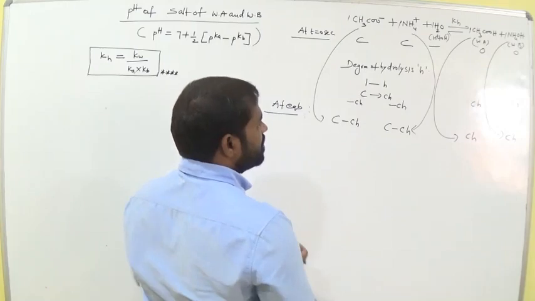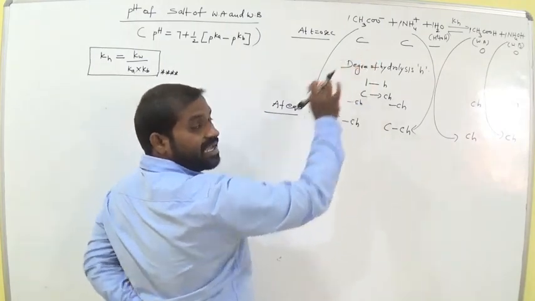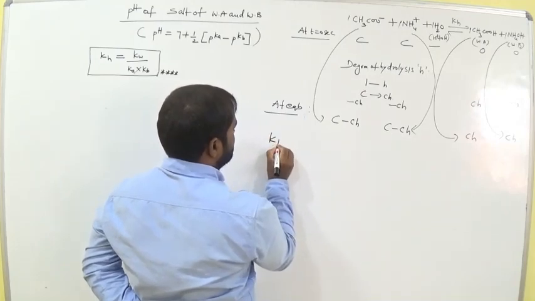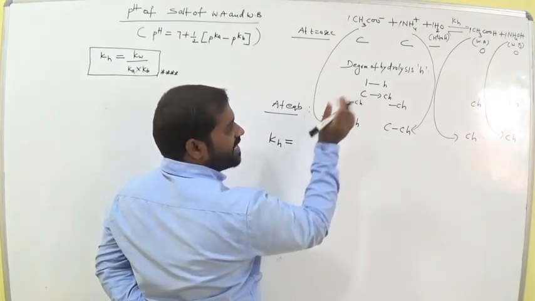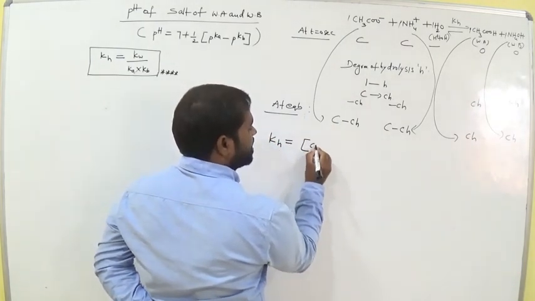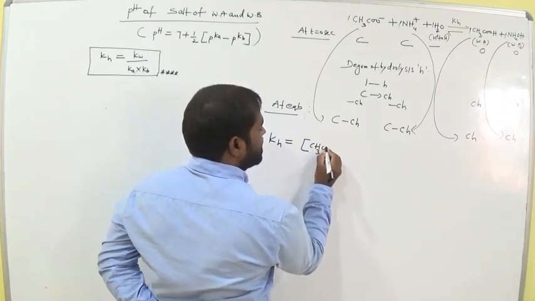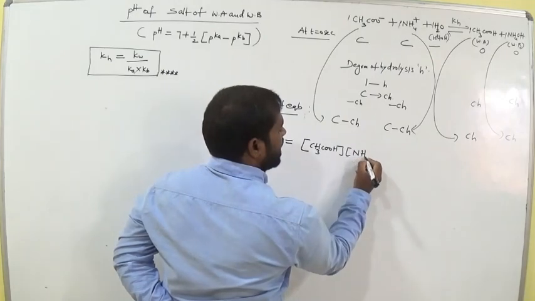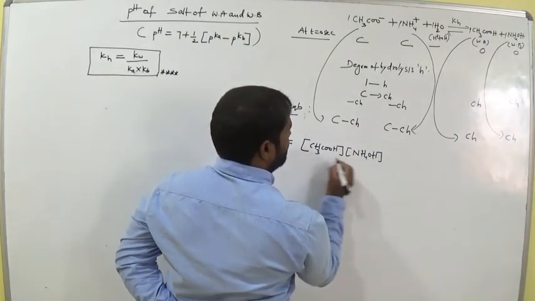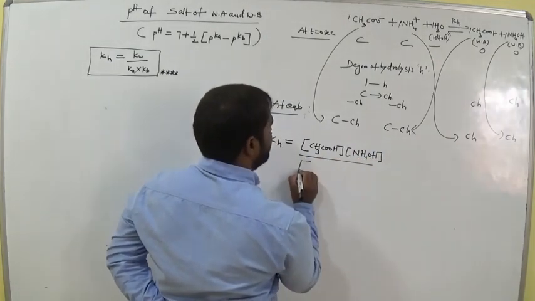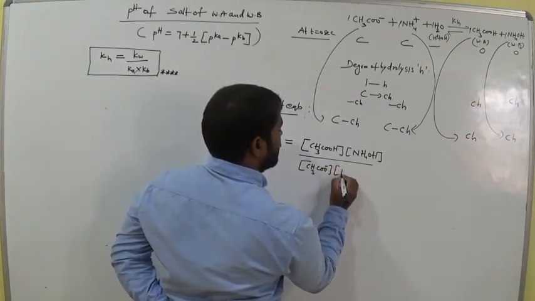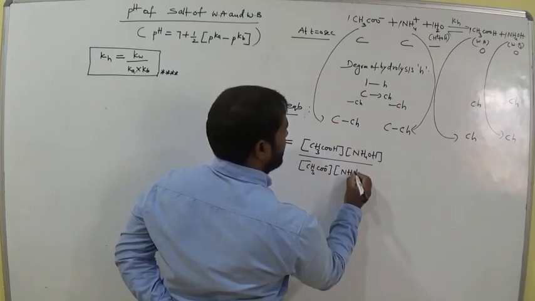Now from this one, I would like to calculate Kh. What is the expression? Molar concentration of CH3COOH, molar concentration of NH4OH, by molar concentration of CH3COO minus, molar concentration of NH4 plus.